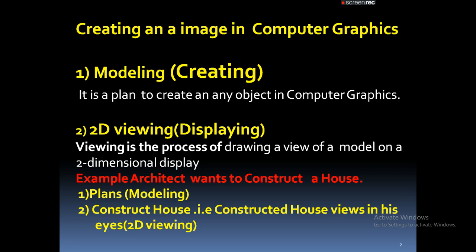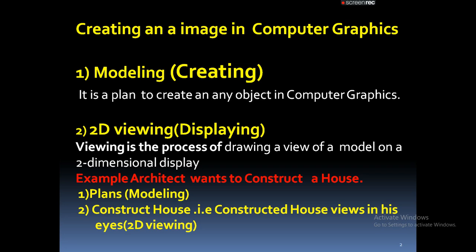So viewing that house with his eyes is nothing but displaying the created house on the screen of the monitor. The architect wants to view the constructed building in three-dimensional space. But in case of computer graphics, after creating that particular image using the modeling concept, a designer wants to view that image on the screen of the monitor.